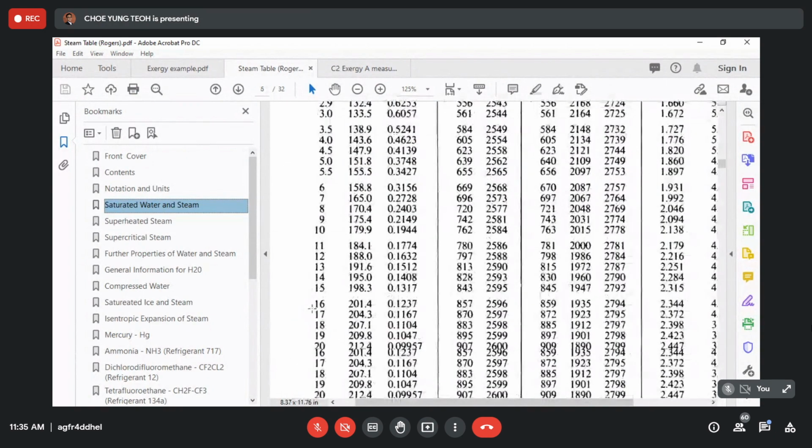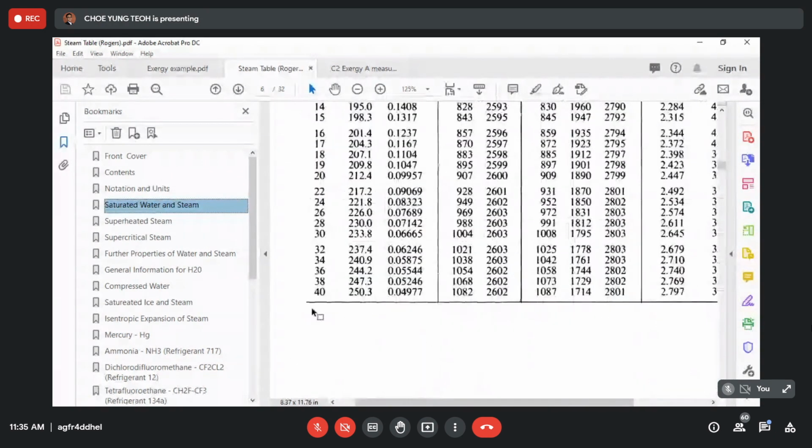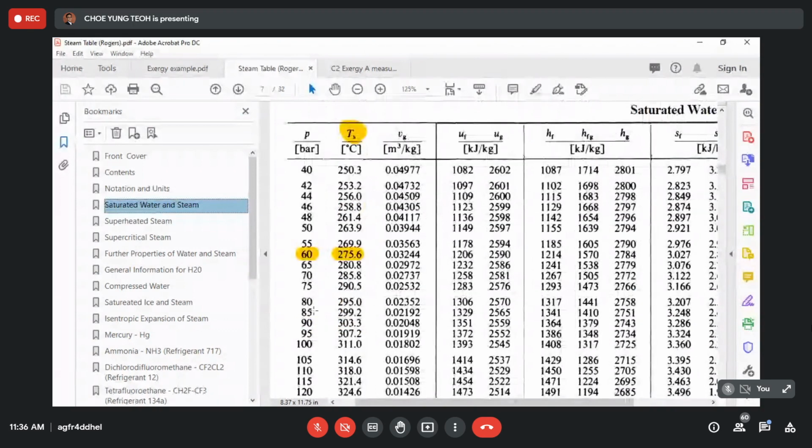Okay, we go to 60 bar, and the saturated temperature is 275.6. Beyond this value, the water will become steam, because at higher pressure, of course, the boiling point of the water will be higher. So if the temperature is more than 275, it will become steam.